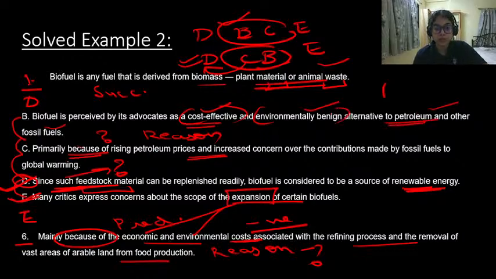Because petrol costs keep rising, prices keep rising, and it makes a great impact on global warming, hence bad. So the reason C is given for statement B. So B should come first and then C. So the answer for this should be D, B, C, E.